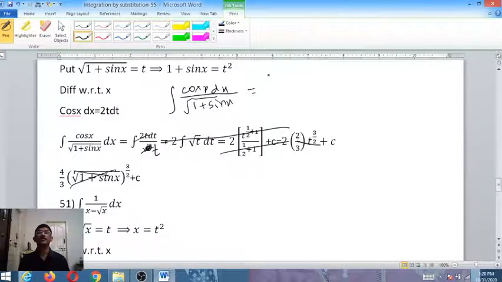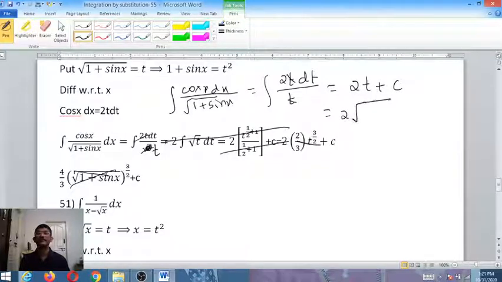This is equal to, what is cos x dx? This is 2t into dt divided by root of 1 plus sin x, which is t. You can cancel this t and t. Integral of 2 into dt. 2 is a constant. It is just 2t plus c. That is equal to 2 into, what is t? It is root of 1 plus sin x plus c.